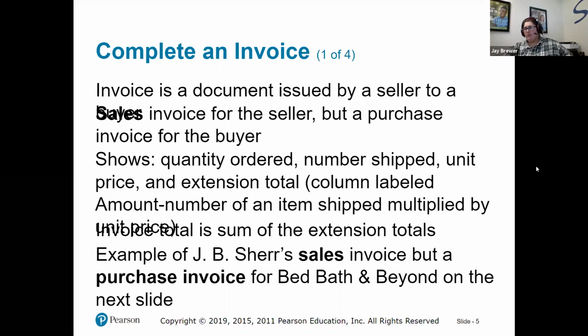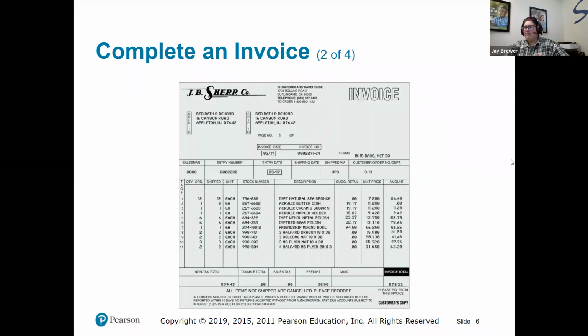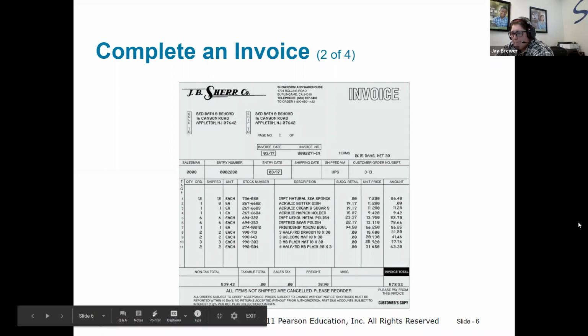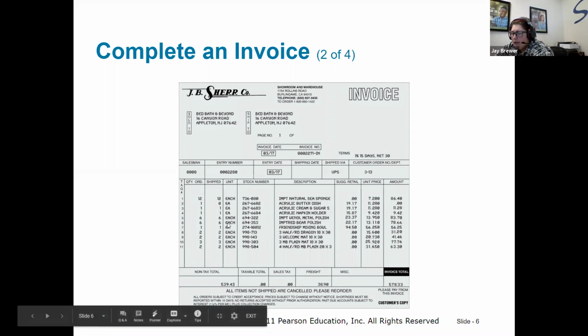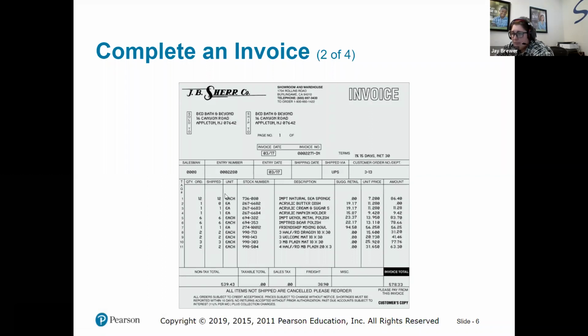Okay, so let's go look at the examples. I'll give you guys a second to take a look at that. Unfortunately, I can't make it any bigger than what it currently is. You can see here that they have the quantity ordered, and then next to it is the quantity shipped.